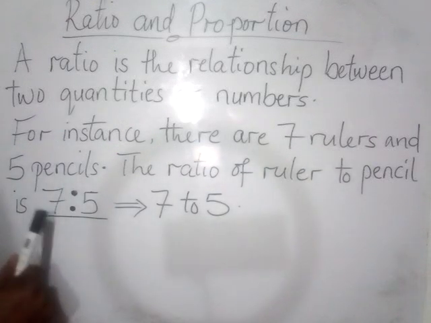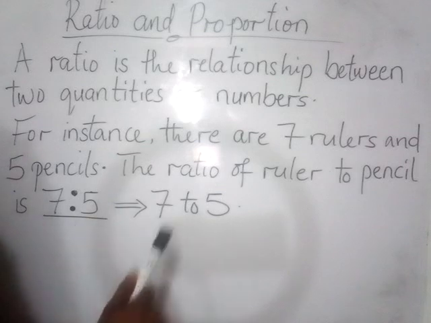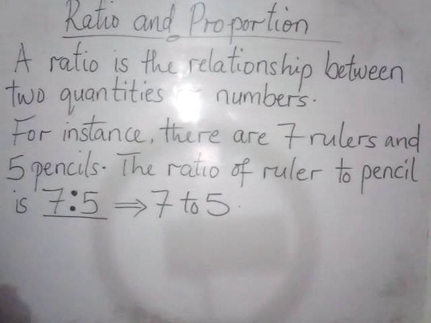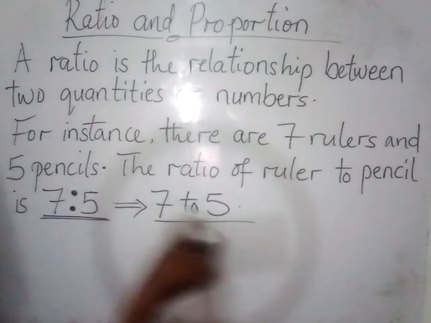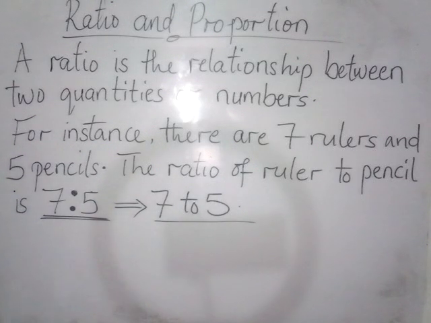That's the ratio of ruler to pencil, and it can also be written like this. This is another way, and you read it as 7 to 5. Okay, so let's look at another example.